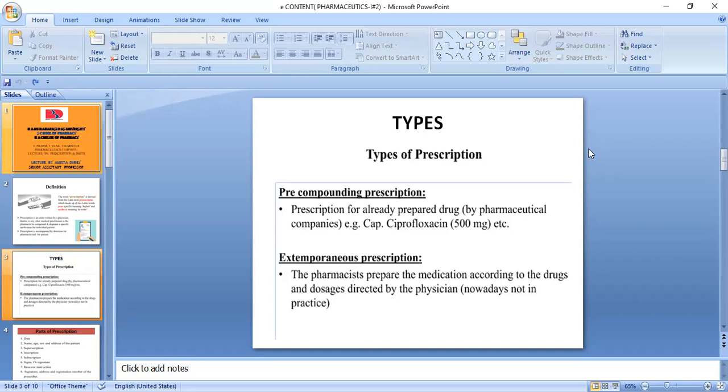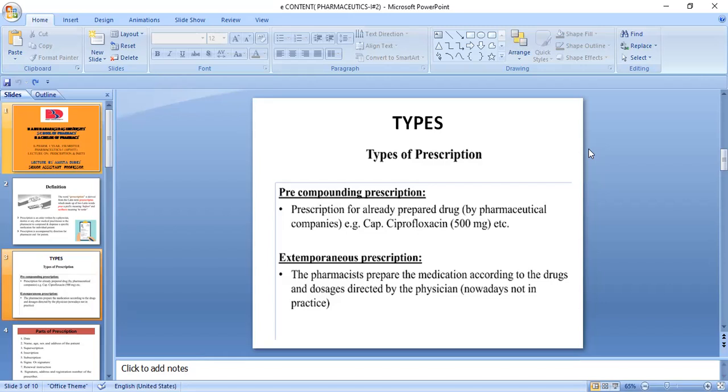That means a pharmacist does not need to prepare anything at the time of prescribing. That type of prescription is known as a pre-compounded prescription, for example ciprofloxacin, paracetamol, and ampicillin. There are many formulations available in the market.